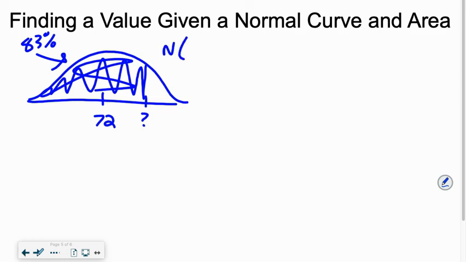And it's a normal curve, mean is 72. Let's say the standard deviation is 5 for this one. So to find a point along the x-axis on a normal curve, you can use table A in your book, or I recommend using your calculator. You're going to use the function inverse norm.